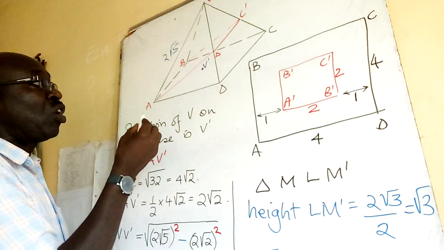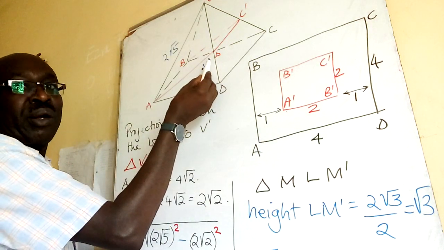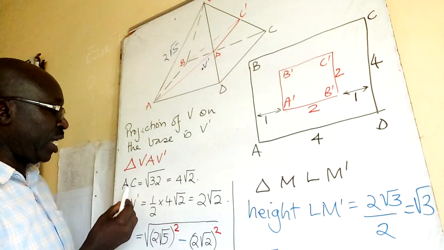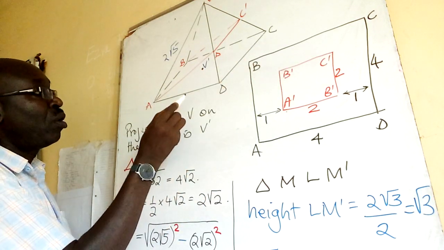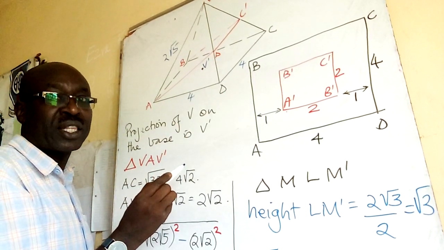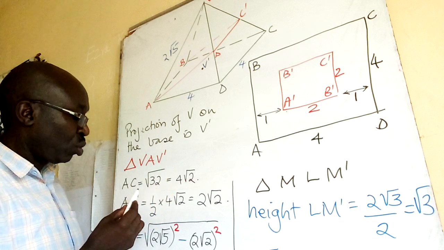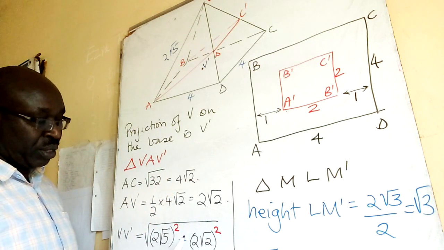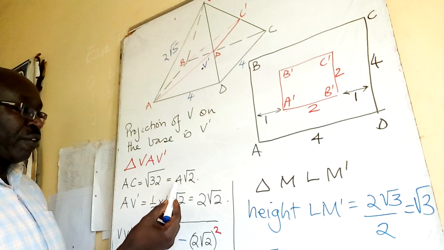Now, V prime is along AC. So I get AC is equal to 4 squared and 4 squared, that is 32. So square root of 32 is giving me 4 root 2.